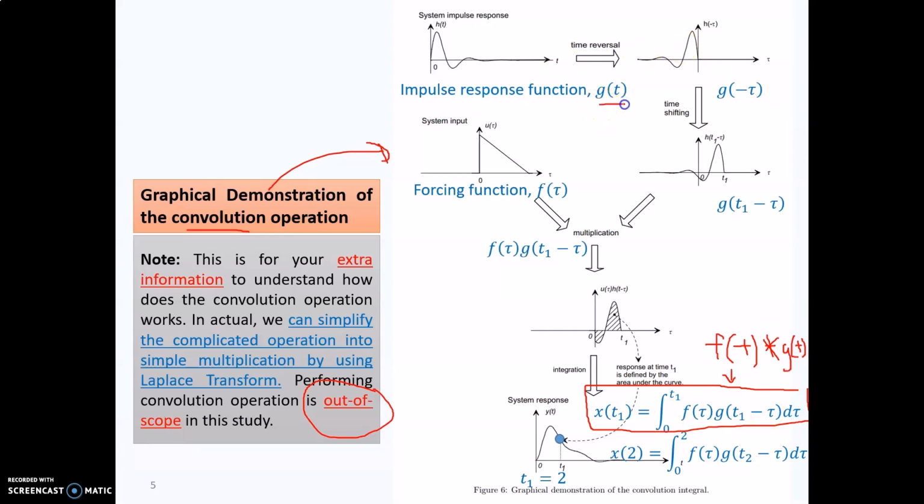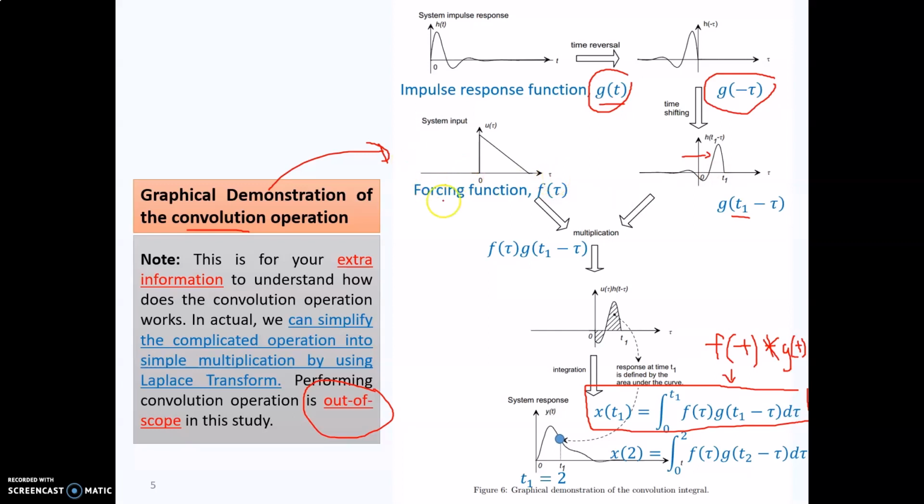To obtain g(t1 minus tau), you initially have your g(t) as this function, and then for g(tau), you just change the t into tau. When you take the negative, it will be in the opposite direction. So you take t1 minus tau, which means it will shift to the right hand side.